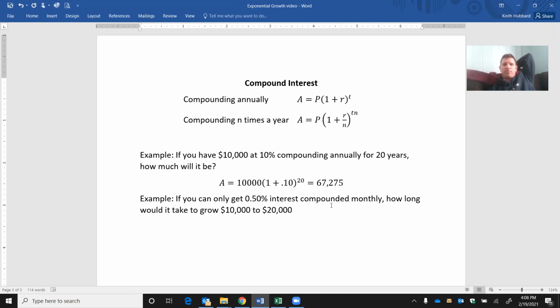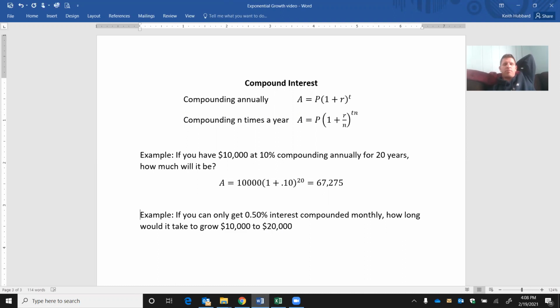Now, here's an example that I want to compare that to. Monthly compounding grows just a little bit faster than annual compounding. But if you can only get a 0.5% interest rate compounded monthly, how long will it take to grow $10,000 to $20,000? So where did I get that 0.5% interest?